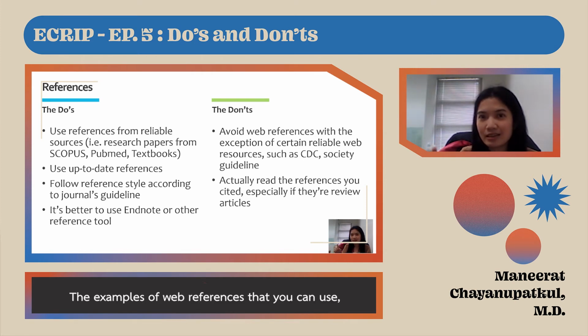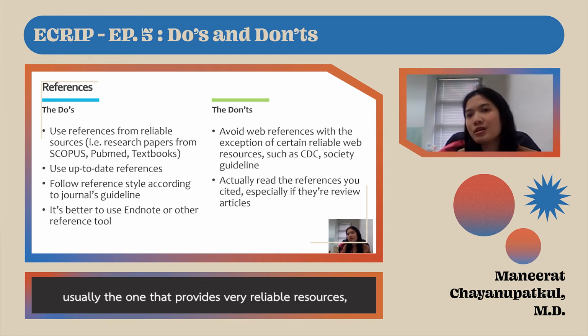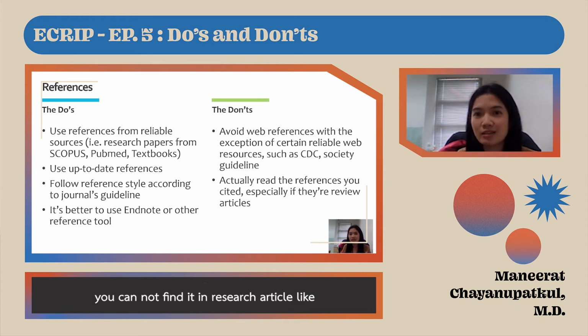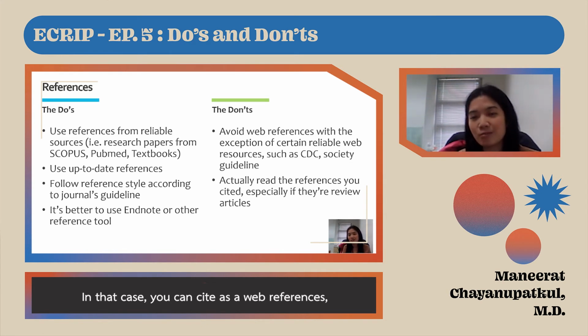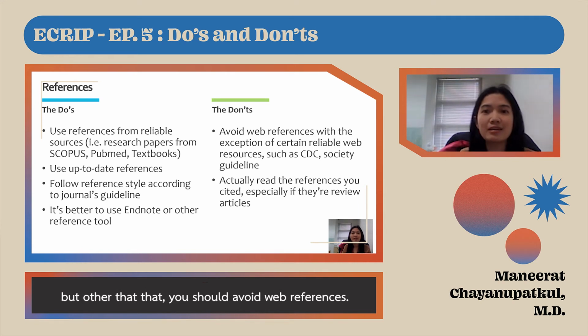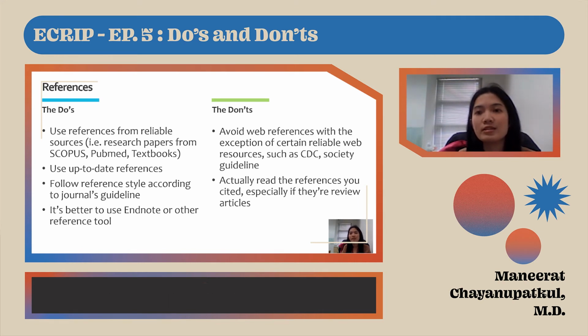Examples of web references that you can use are usually those that provide very reliable resources that you cannot find in research articles, like CDC, WHO, or some society guideline that is published only on an online website. In that case, you can cite it as a web reference, but other than that, you should avoid web references.